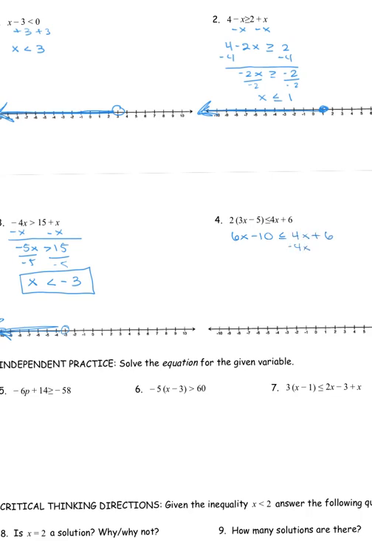I'm going to subtract 4x on both sides to move my variable to one side. 2x minus 10 is less than or equal to 6. Add 10 to both sides. 2x is less than or equal to 16. Divide both sides by 2. And I get x is less than or equal to 8.